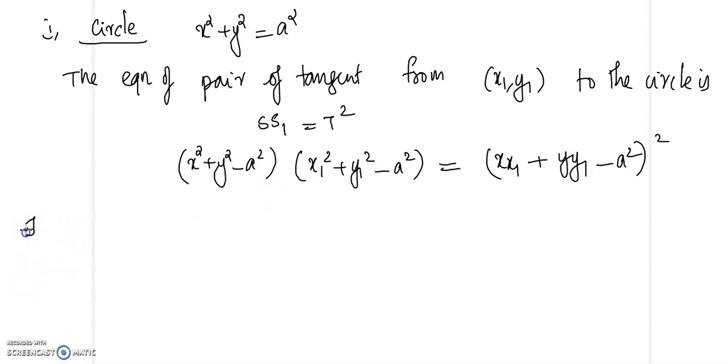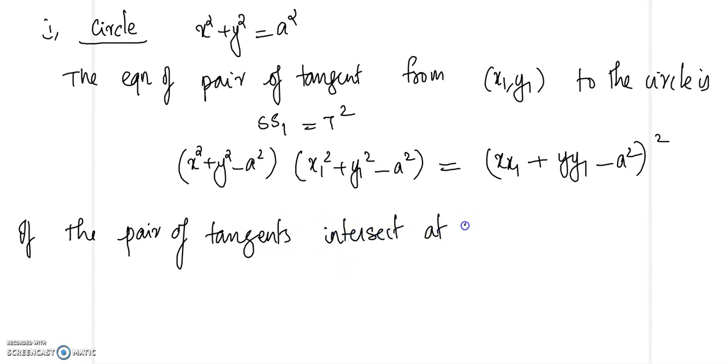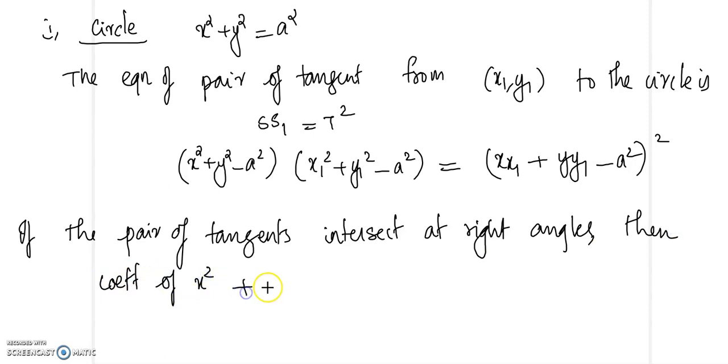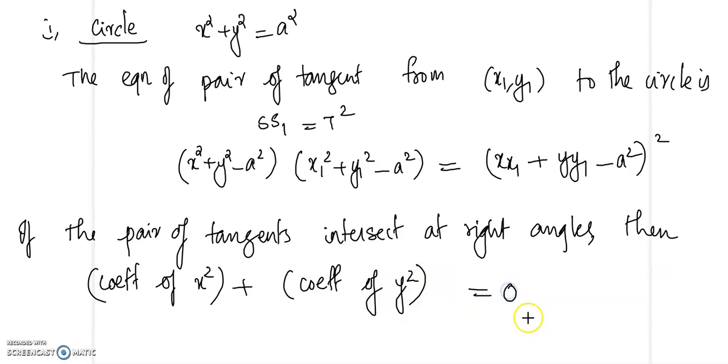So if the pair of tangents intersect at right angles, then the coefficient of x square plus the coefficient of y square is equal to 0. We will be using this for finding the equation of the locus of the points of intersection.